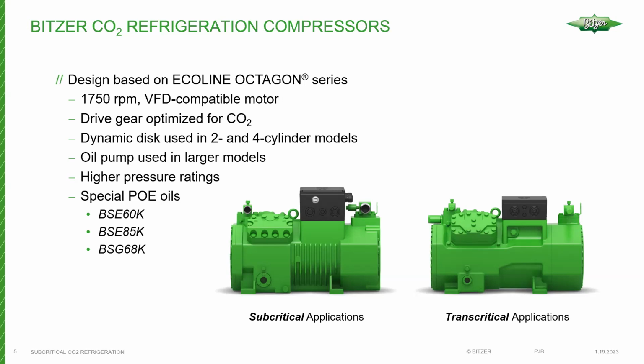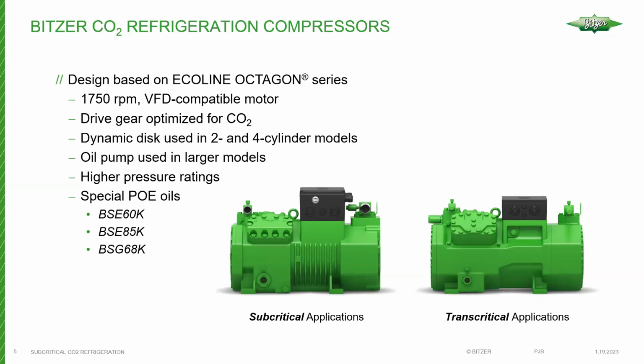The smaller compressors, the 2 and 4 cylinder, use the centrifugal lubrication system, which features the dynamic disc to transport oil from the crankcase up into the crankshaft area, and from there into the various other sections of the compressor.